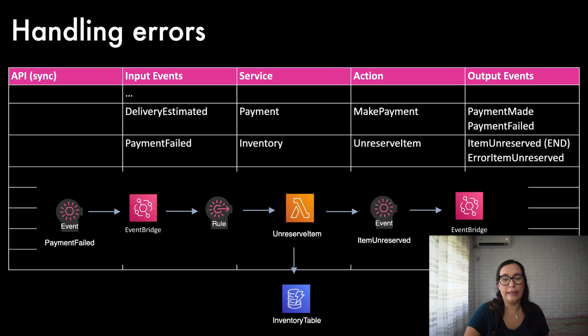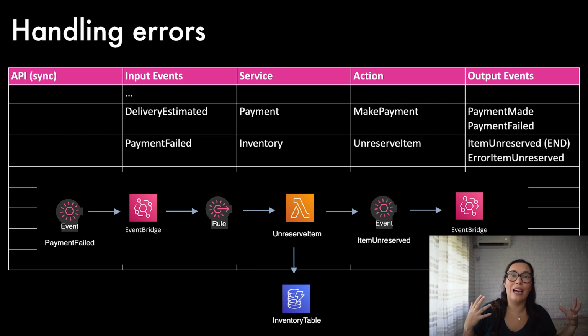So now we will look at an example of an error flow. In this case, the payment failed. So we estimated the delivery, we reserved the item in the database, and then we make the payment and the payment failed. So what we need to do to revert this in our flow is to mark the item unreserved.